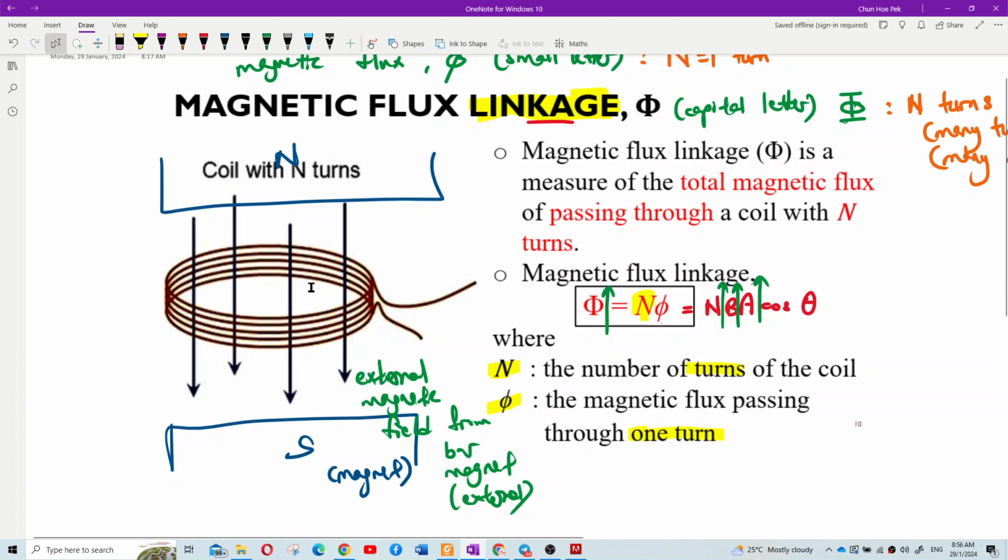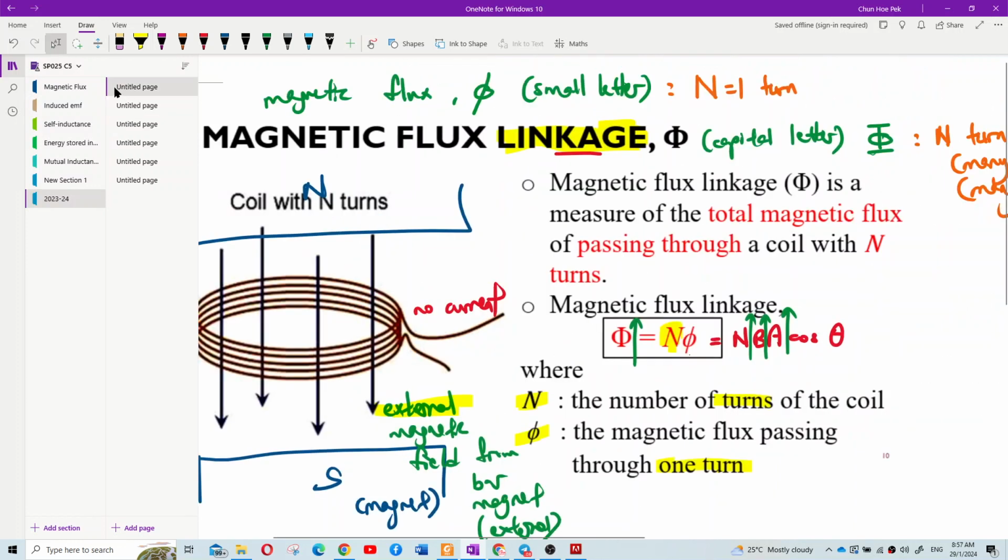So this magnetic field is external, not internal, not from the coil, meaning this coil now doesn't have any current, no current at all, and it receives an external magnetic field.